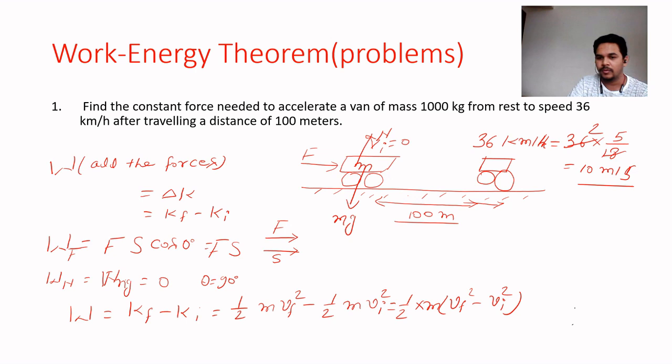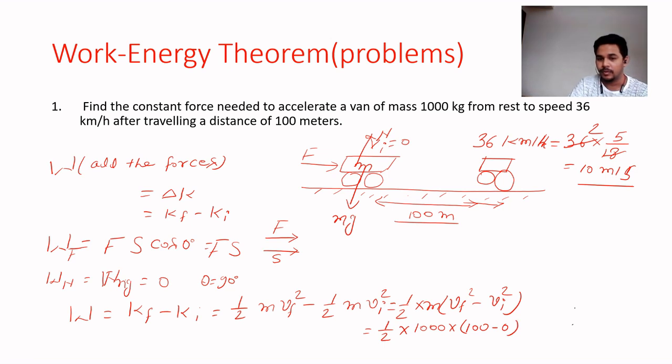Now let's substitute everything. It is half, and mass is given as 1000 kg. Final speed we got is 10, so 10 square gives you 100, minus 0.